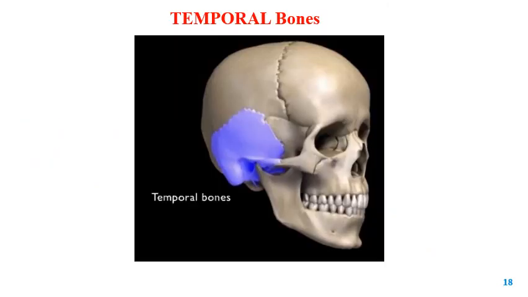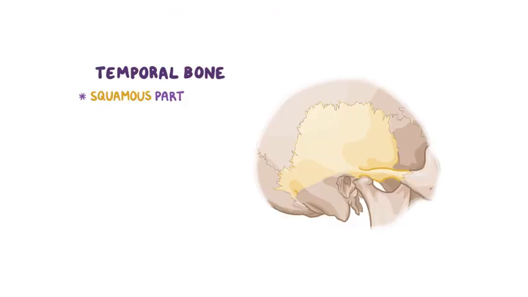All right, so here we go to the other bones. Those are also a pair of them, so two of them. The temporal bones. These are going to be close to your ears. There are important features about those temporal bones, and those are all irregular flat bones, right? In the temporal bone, you're going to have a squamous part, that's the bigger part right here.